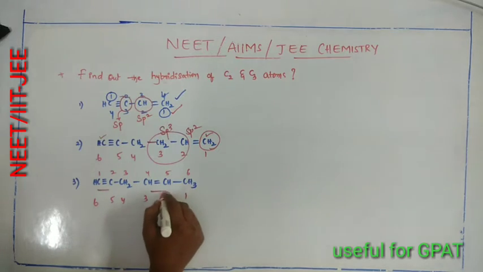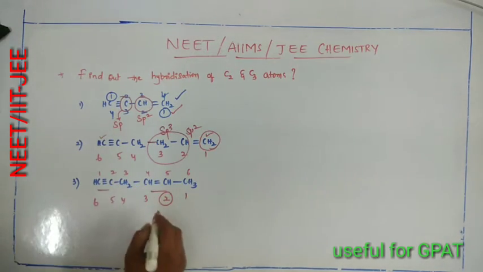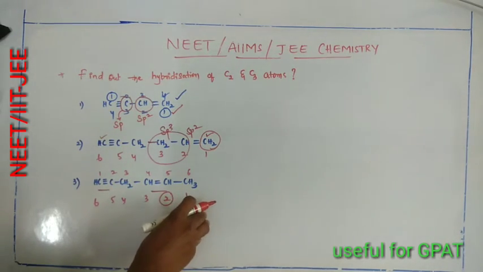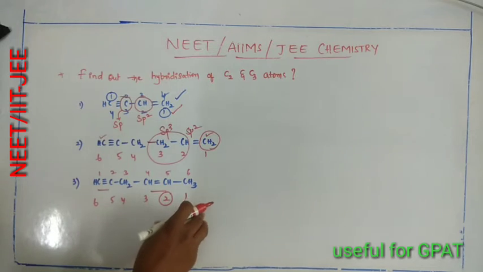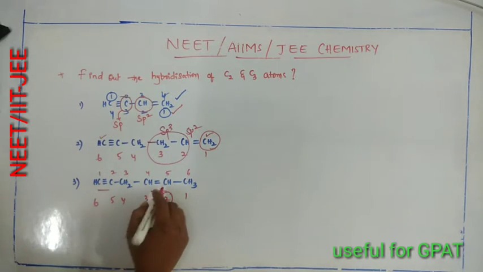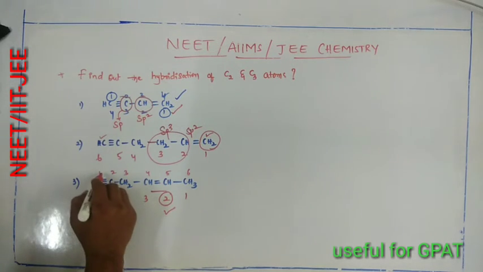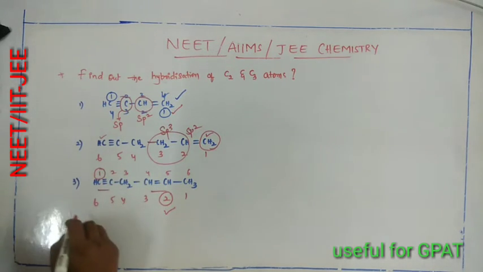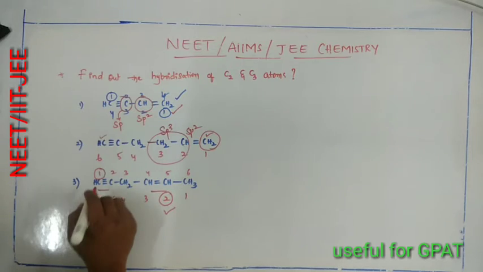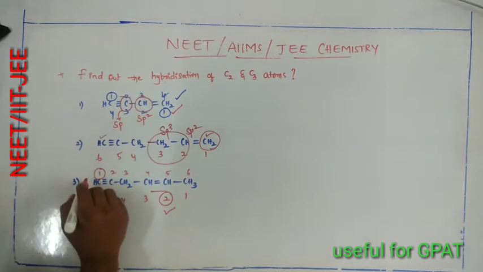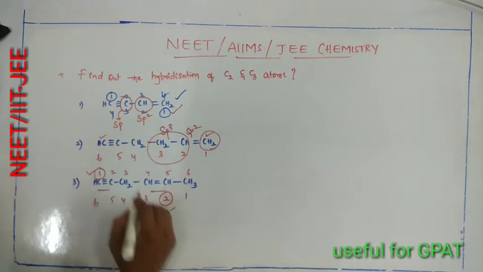From the other side, the double bond is at the second position. First we have to give importance to the multiple bond carrying the lowest number. Here the double bond has the second number and the triple bond has the first number. So this is the lowest number, and we need to select the LHS numbering.